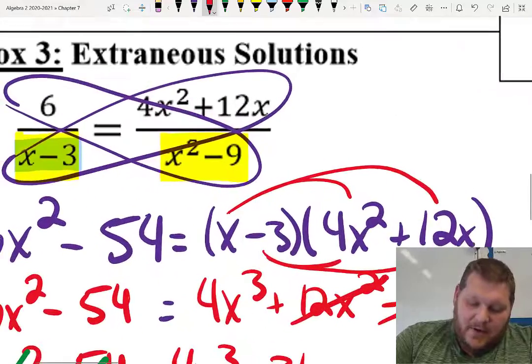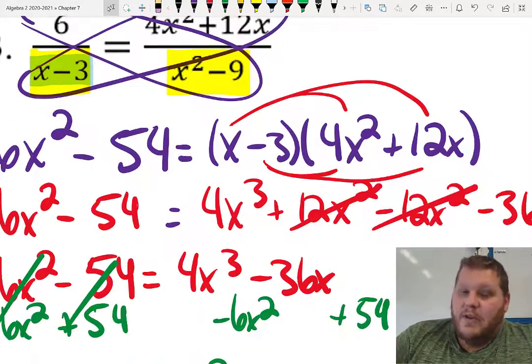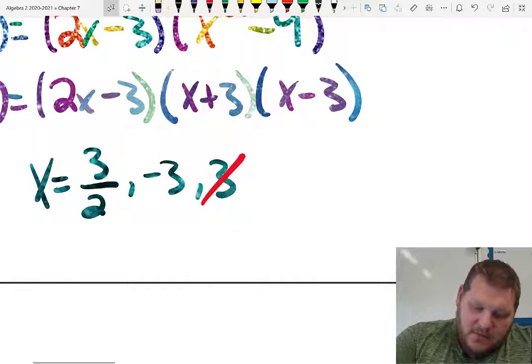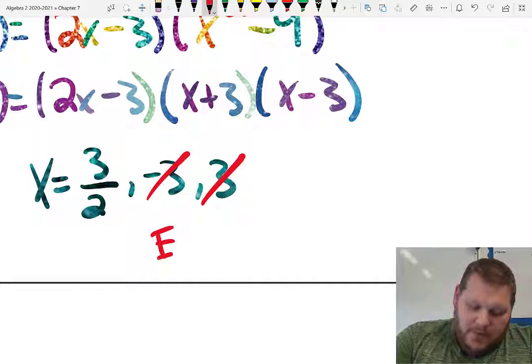And my second denominator that I have highlighted here in yellow, both negative 3 and positive 3 would make this a 0, because 3 squared minus 9 is 0. Negative 3 squared minus 9 is also 0. So that tells me, in this case, negative 3 and positive 3 are both extraneous solutions.